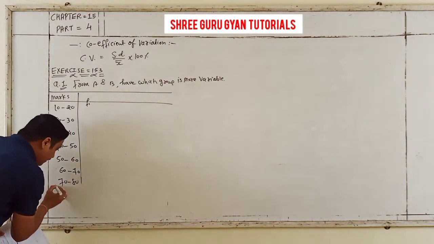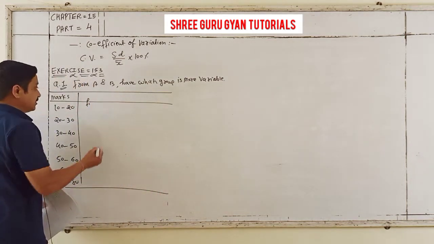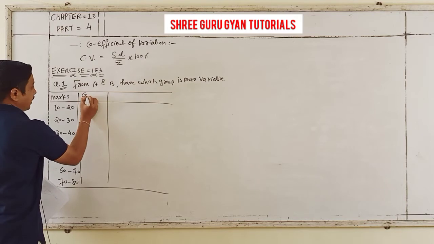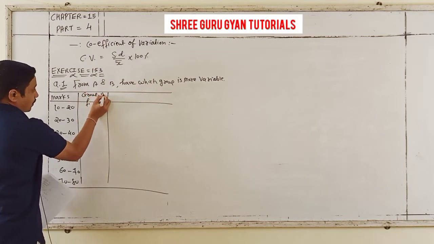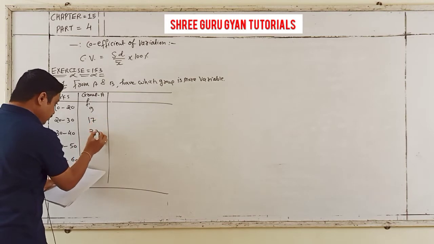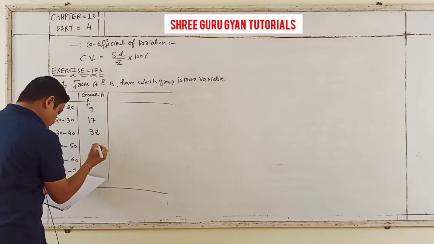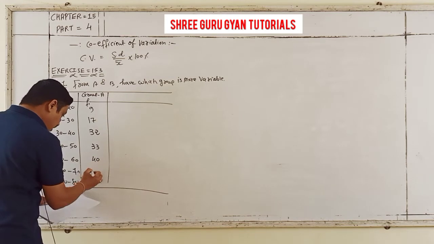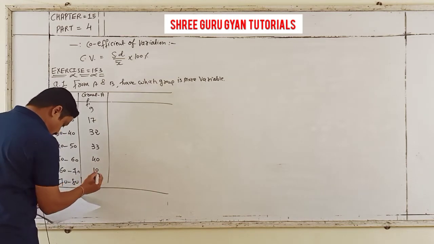The frequencies of group A given are 9, 17, 32, 33, 40, 10 and 9.